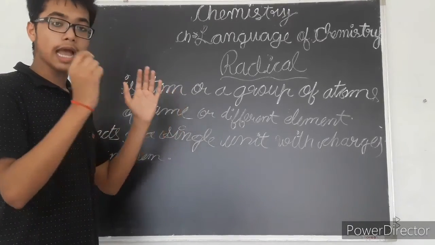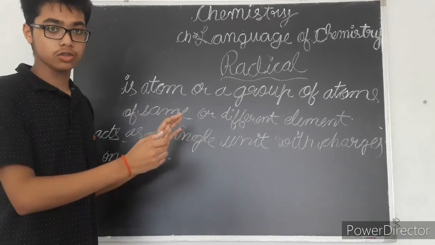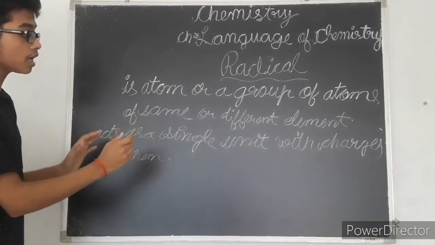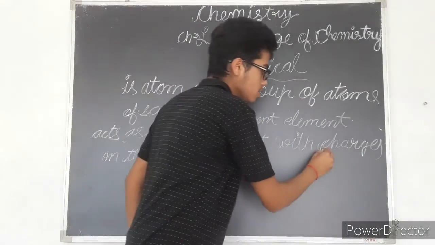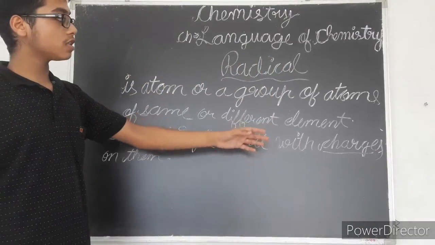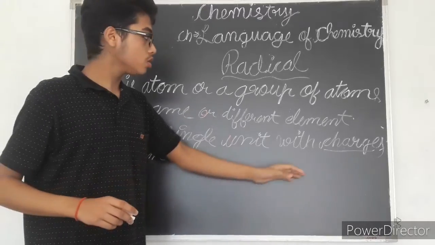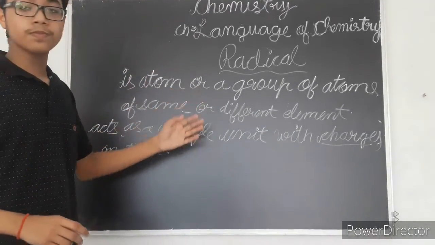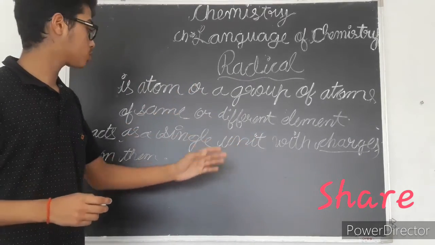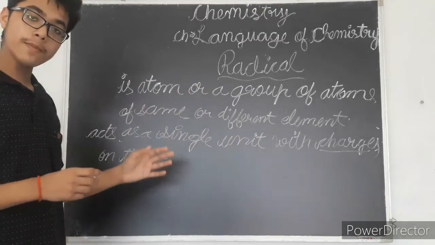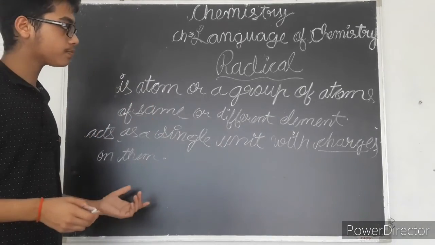When they act as a group, they act as a single unit with charges on them. Charge is very necessary because charges represent that it is a radical.